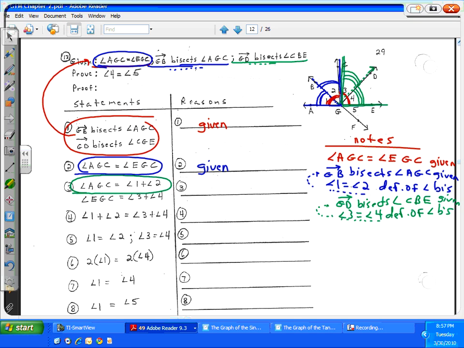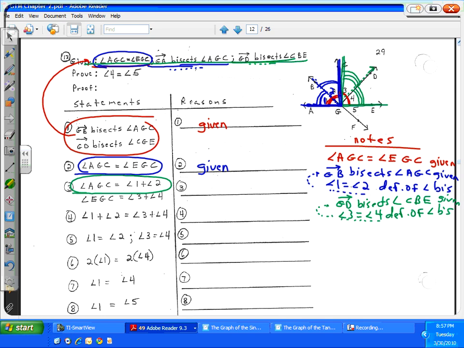And then it says angle AGC is equal to angle 1 plus angle 2, and you look in the given and it's not there. So we go to the diagram. Now this diagram's gotten a little bit congested, I guess you can tell, but that angle AGC, this blue one, is equal to angle 1 plus angle 2.